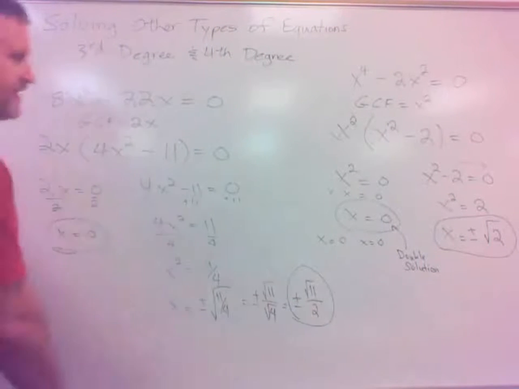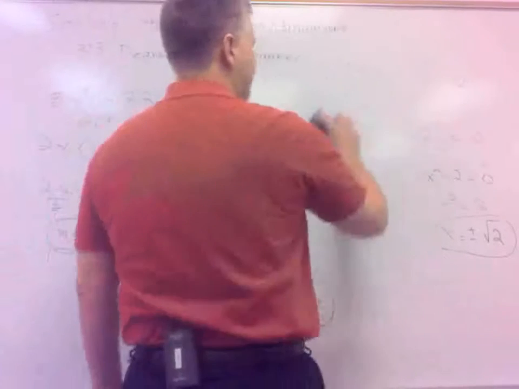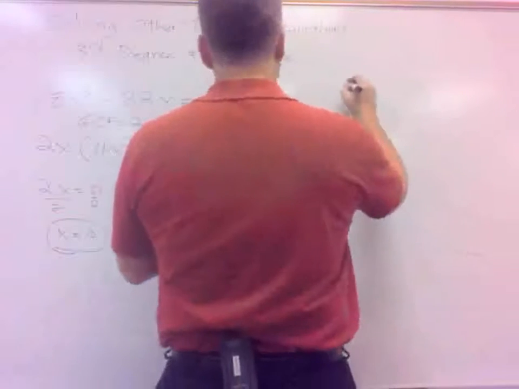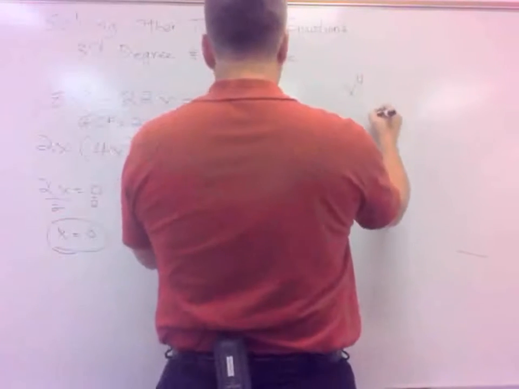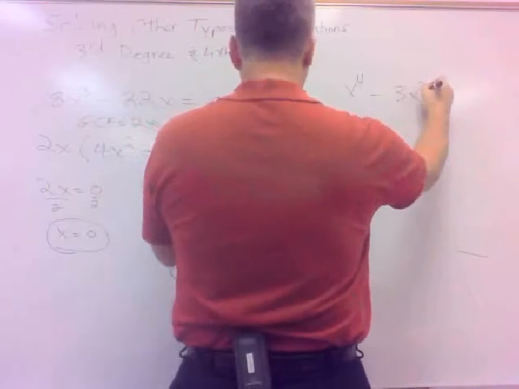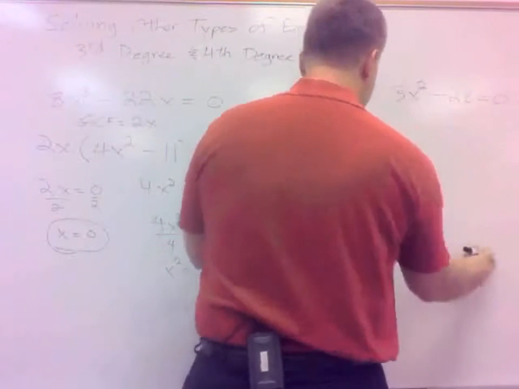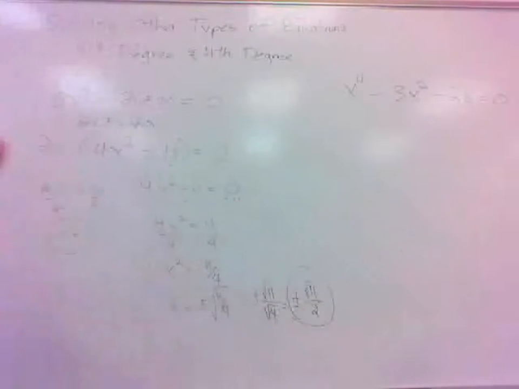All right. Well, let me tell you about this one. X to the 4th minus 3x squared minus 28 equals 0.